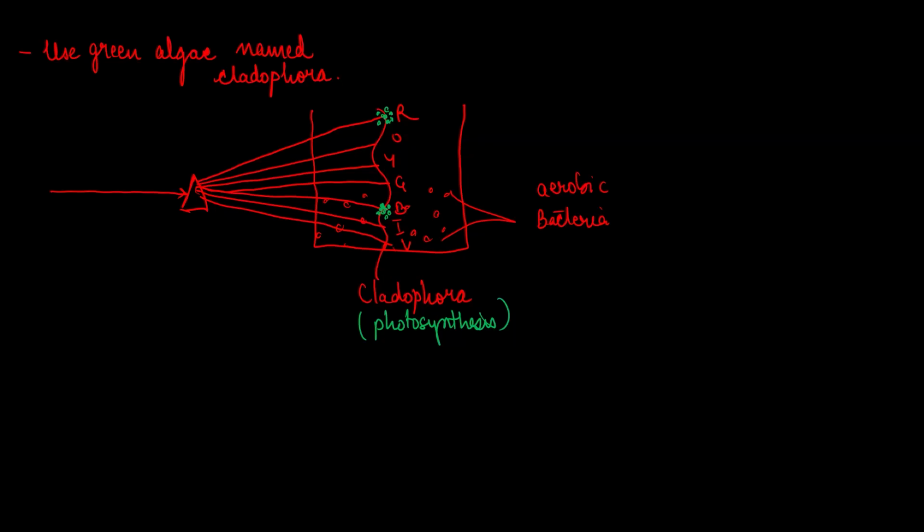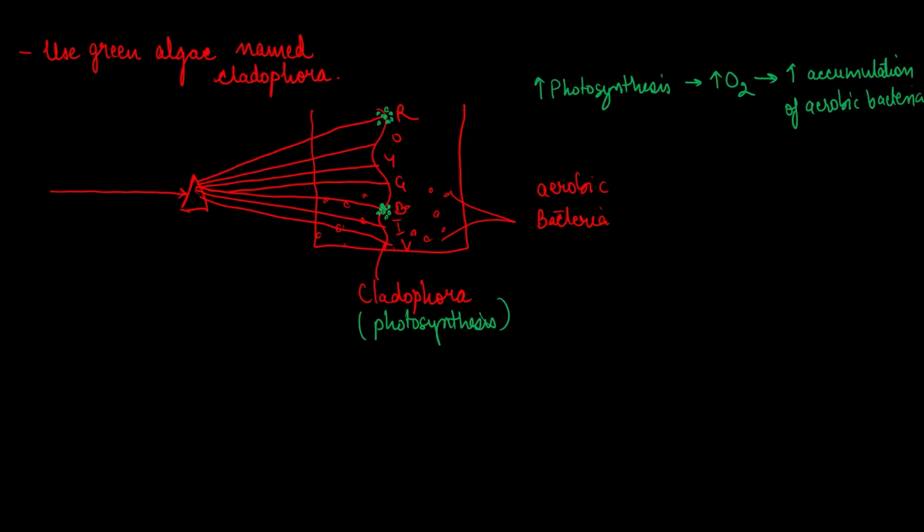Higher photosynthesis leads to higher production of oxygen, and higher production of oxygen causes increased accumulation of aerobic bacteria.